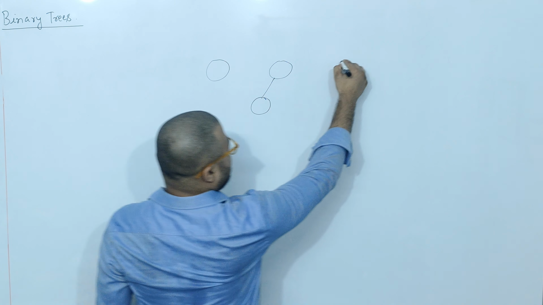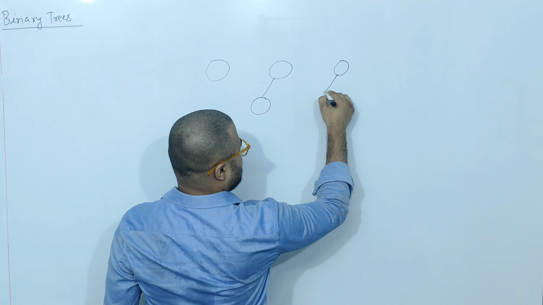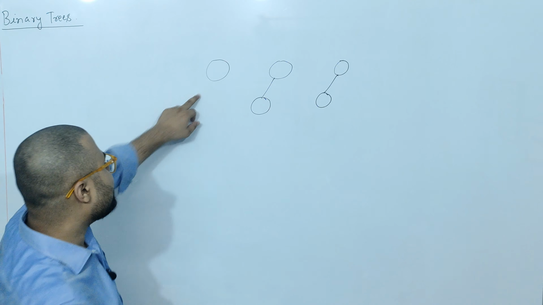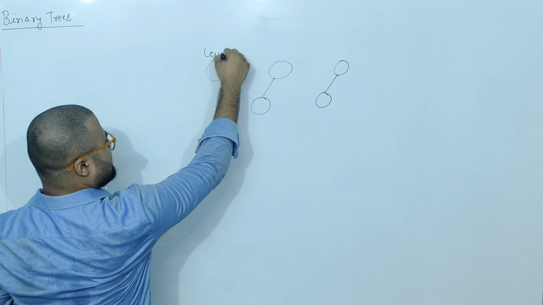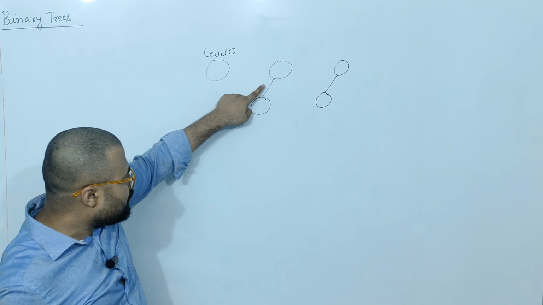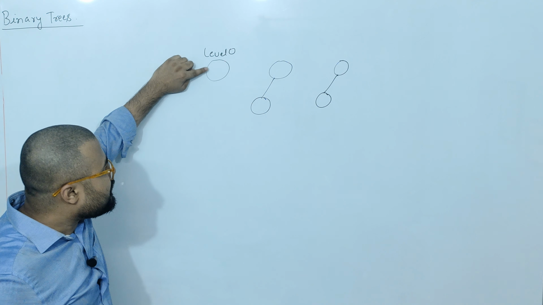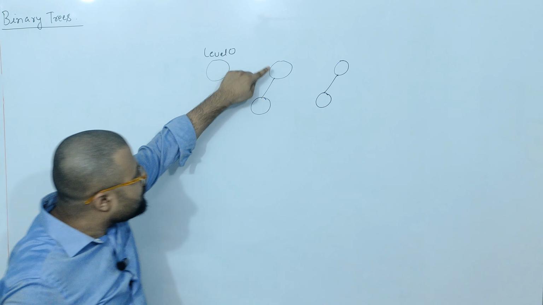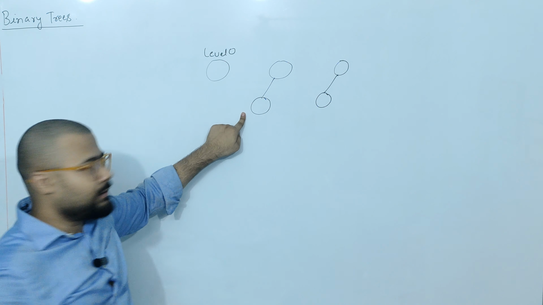Now if you add another node, now this is your tree. This is your level 0 tree. And now you are adding a node to a level 0 node, and so the level of the tree will increase by 1.